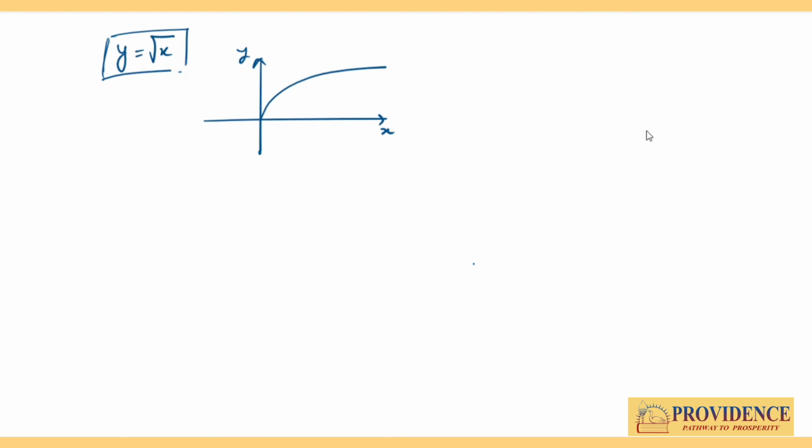If we draw root x plus 2, it will be something like this. Root x minus 2 will be something like this, where it will be shifted down or up by 2 units.